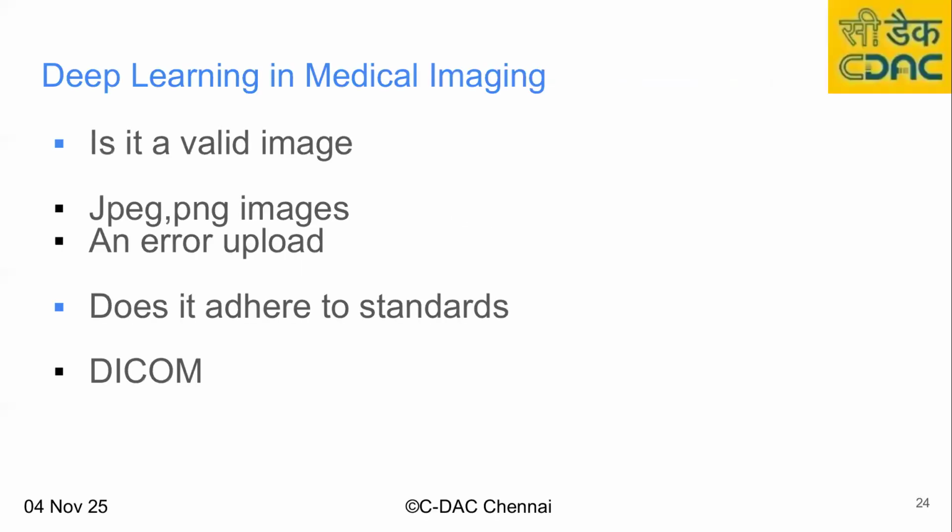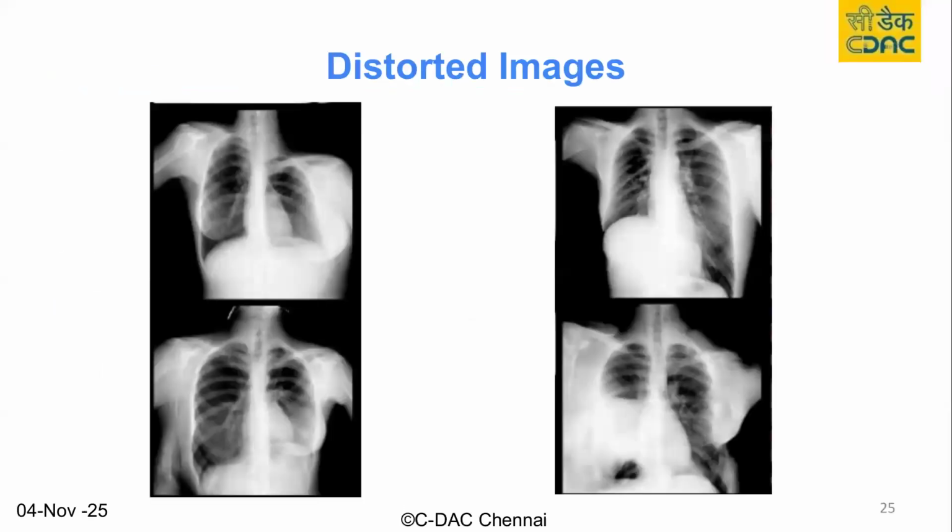Now coming specifically to X-ray medical imaging, these are the things you have to concentrate on when you build an AI engine. First you have to check whether it is a valid X-ray image. It should be either in JPEG or PNG format, or it should be a DICOM format image, which has the .dcm or .dicom extension. Then only we should accept it.